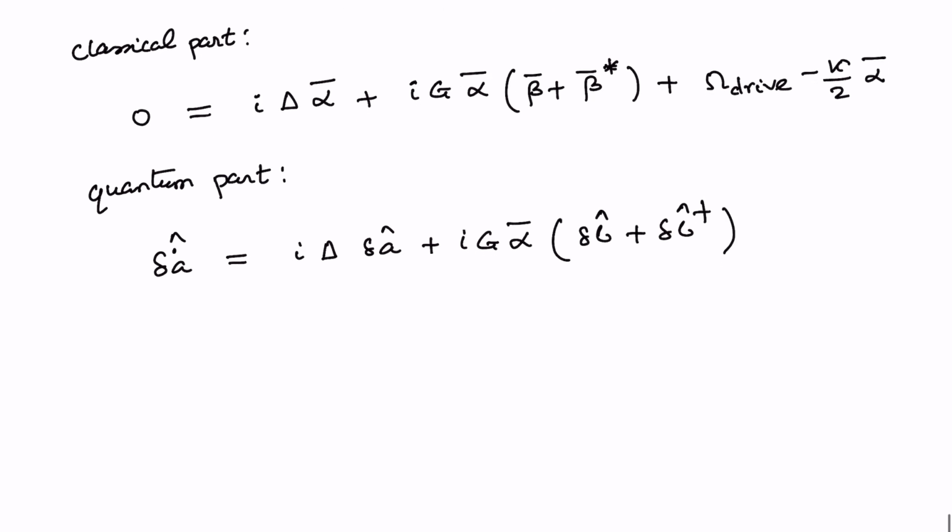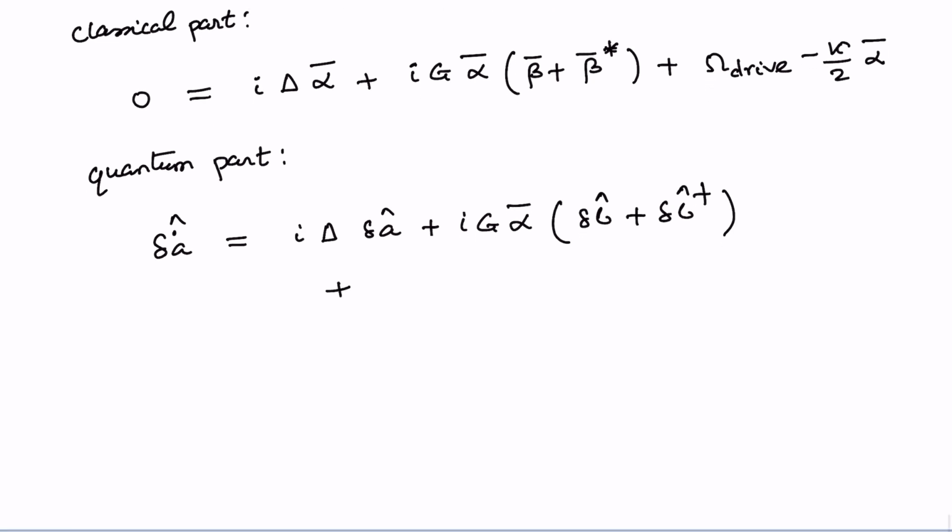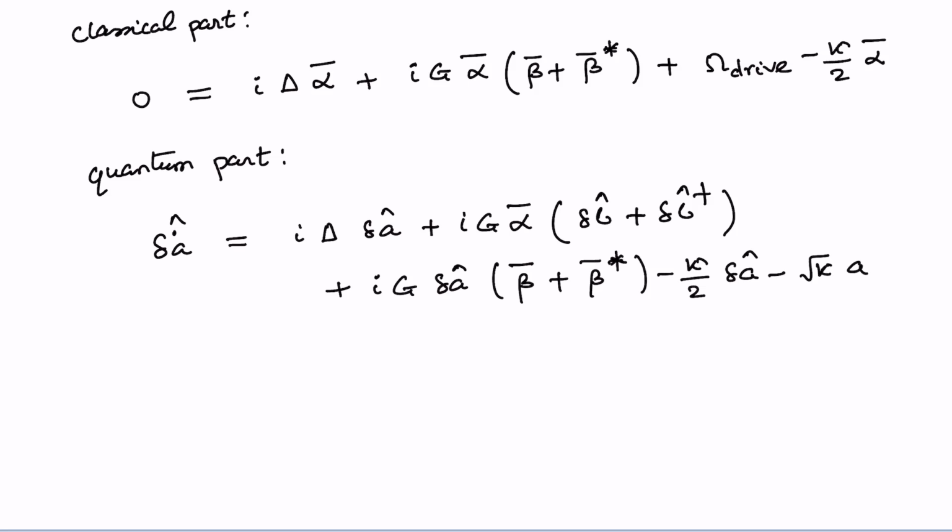I have ignored all the nonlinear terms, please note that. And I have iZ delta A (beta bar plus beta bar star), minus kappa by 2 delta A minus square root of kappa A in.